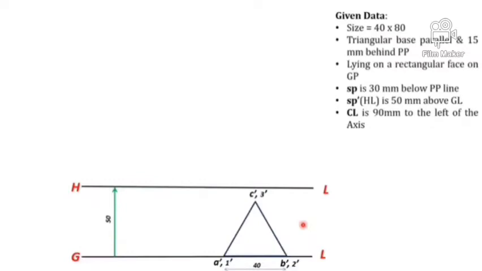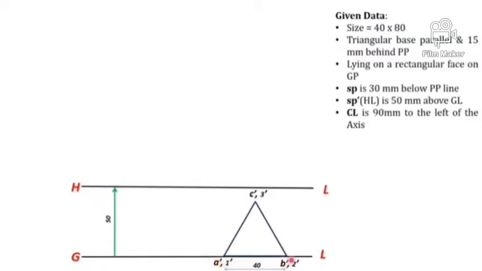You can directly see the true shape of the base in front view. Because it is lying on the ground plane, one rectangular face should be drawn on the ground line, that is A, B, 2, 1.